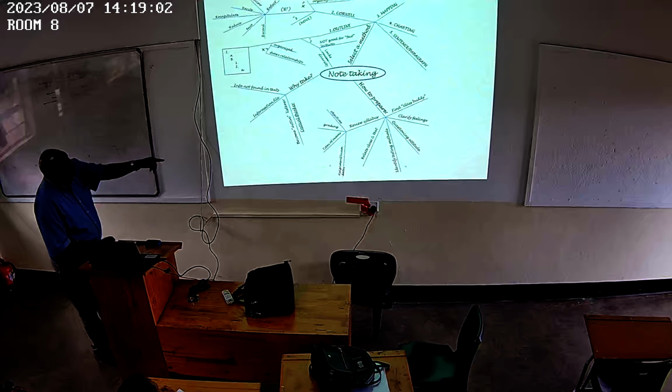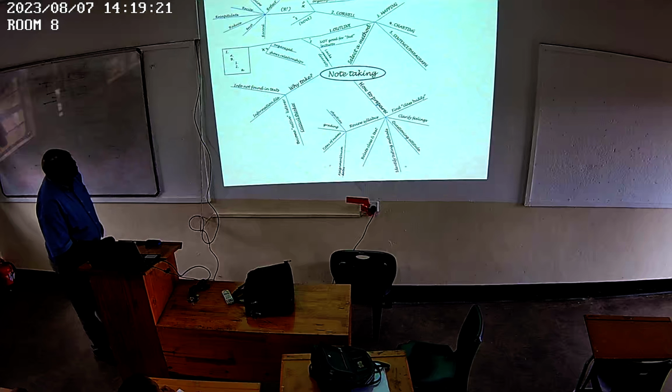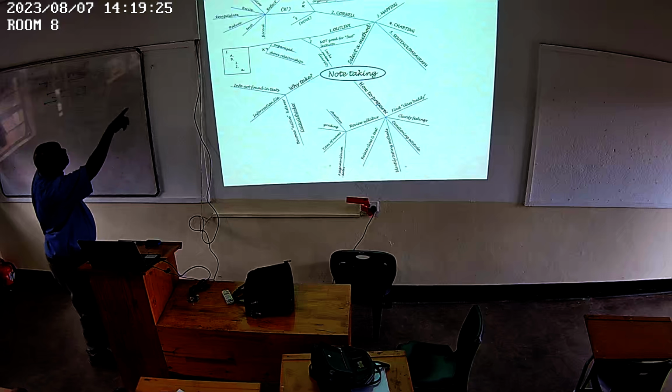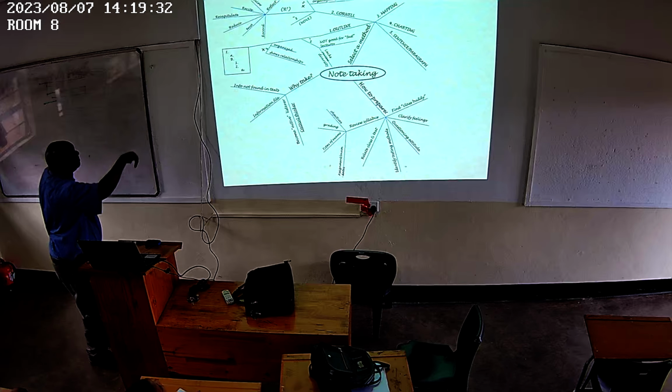How do you select methods? Then you have all that. And then you have all those methods there: outline, Cornell, charting, mapping, sentence. The Cornell goes up there. It has all those issues about it, right?